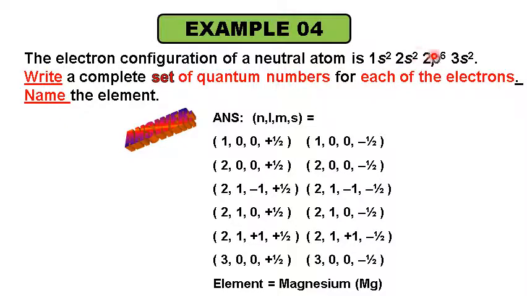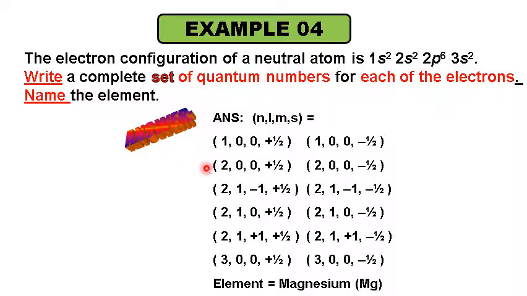We check, in total there are 12 electrons. This is neutral, which means 12 protons, so we can check the periodic table. The element with proton number 12 is magnesium. So let's continue, write a set of quantum numbers.